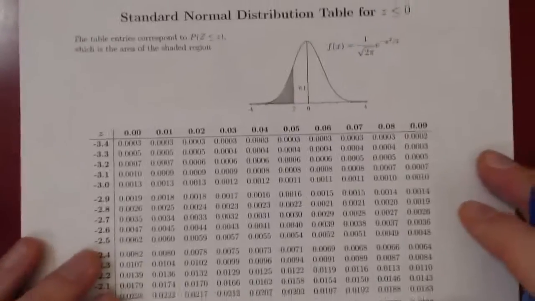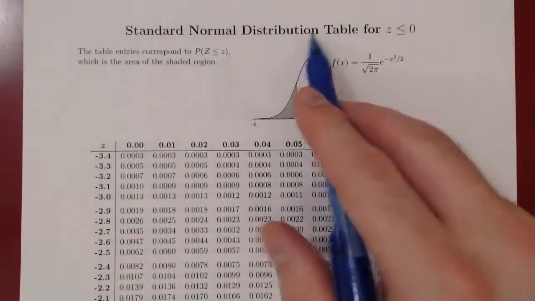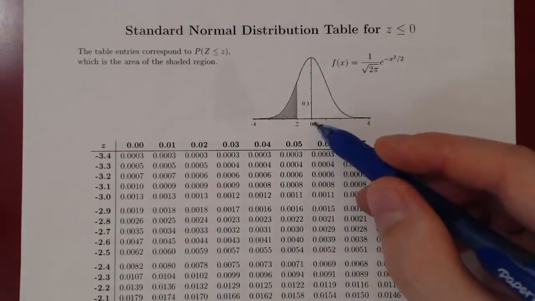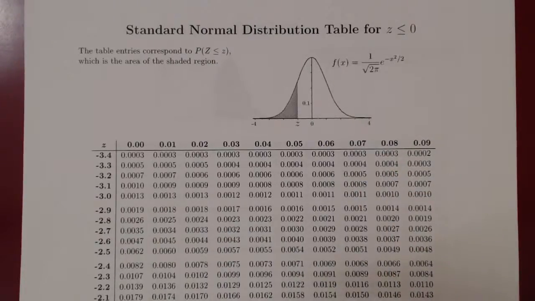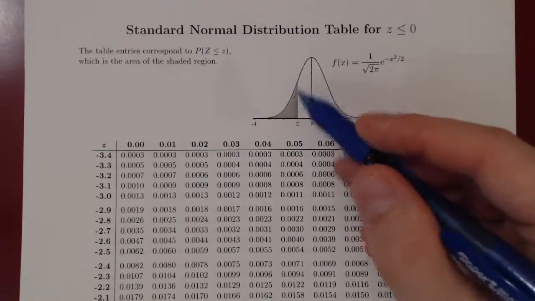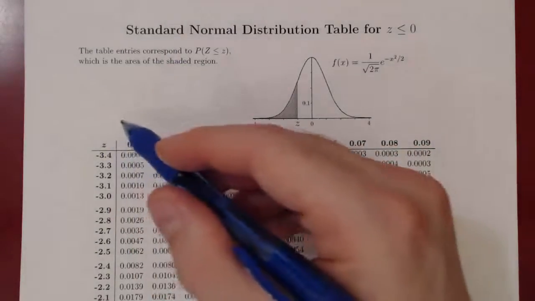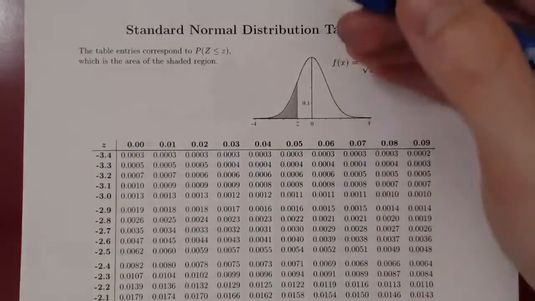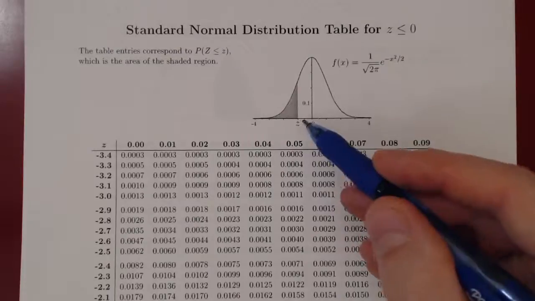There are two sides of the table. This is the first side, you see? It is only for the standard normal distribution, hence the normal distribution with a mean of 0 and a deviation of 1. And you see the table gives you the area below, underneath the curve, below a given value of z. So from -infinity all the way up to the z value. Now the first side of the table gives you the area below negative z values.